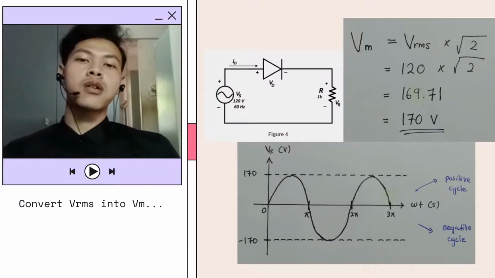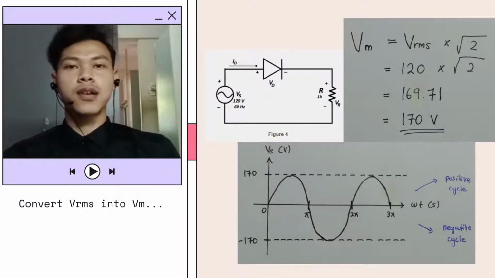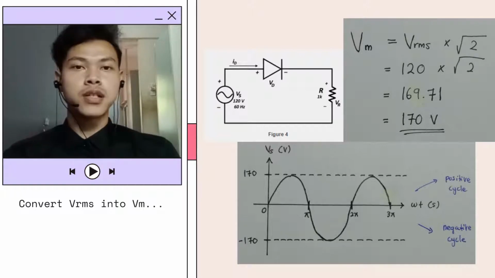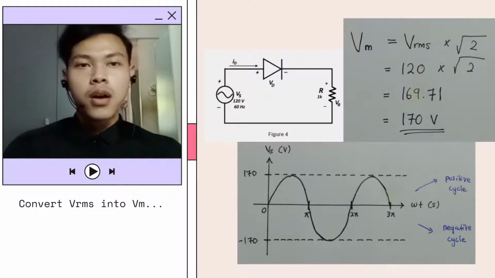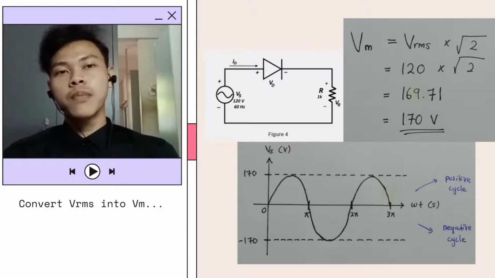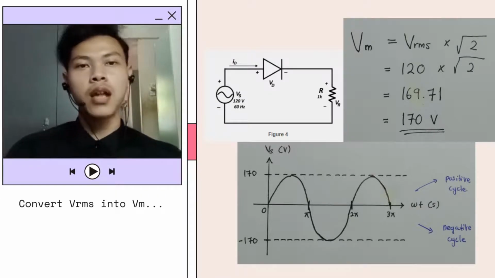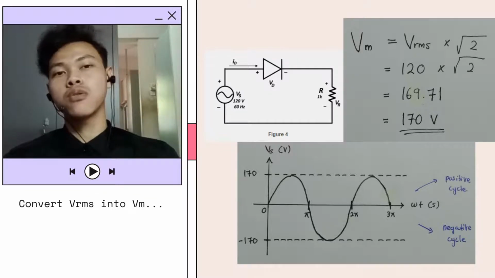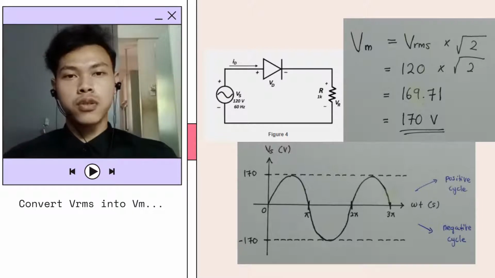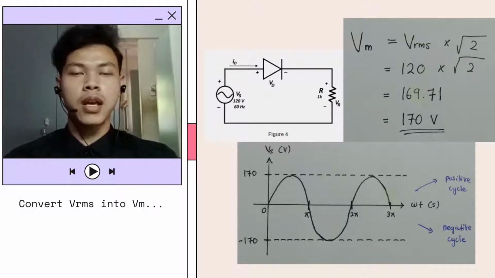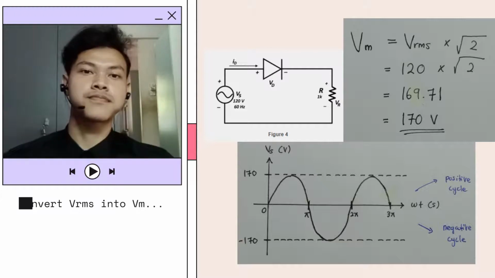Before we draw the waveform, let us calculate the magnitude Vm, instead of using the VRMS given here, which is 120 volts, as the peak of the waveform. Vm is equal to VRMS times square root of 2, and after the calculation we get Vm equal to 170 volts. Then let us draw the waveform of the voltage source, and we get the waveform down there.